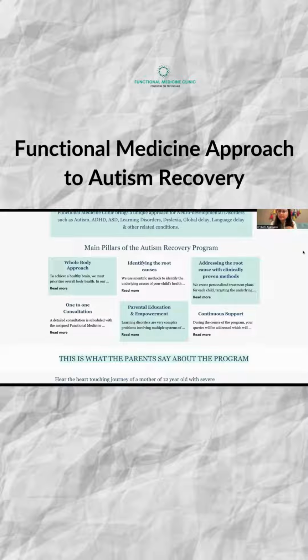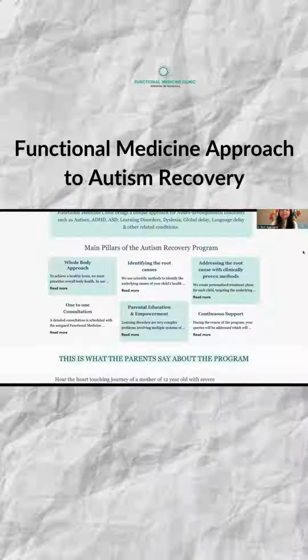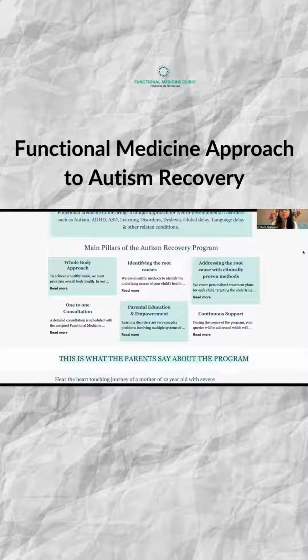Investigations give information about various organ function, inflammatory markers, heavy metals, gut dysbiosis, candida overgrowth, mitochondrial health, the complete vitamin profile, minerals, etc.